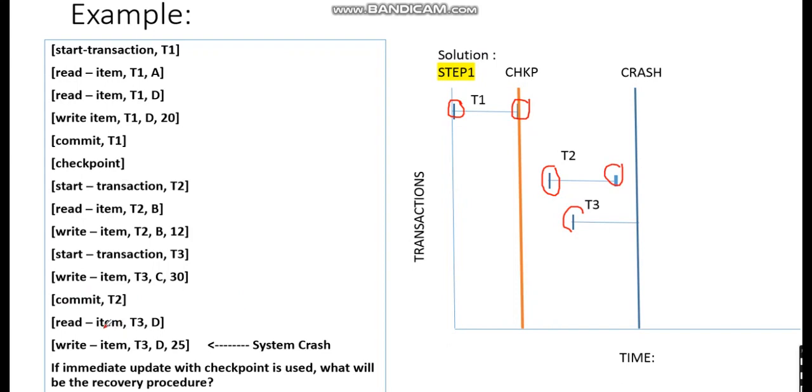Next, read item performed by transaction T3 on the data item D. Next, write performed by transaction T3 on the data item D. After this, the system crashes. Here you can see this line representing that the system crashes at this particular point, before T3 commits. Before T3 commits, we have to follow the immediate update recovery method to find the recovery procedure.